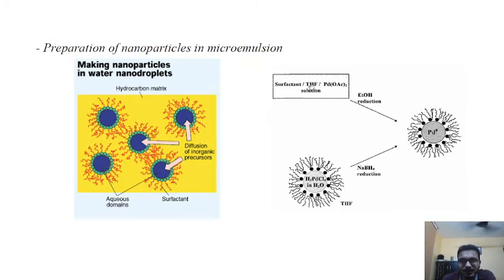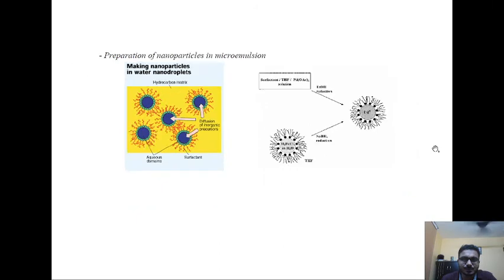Then with EtOH reduction we get this. At the same time, here in THF we get NaBH4 reduction, and we again get this. So this is the preparation of nanoparticles in microemulsion.